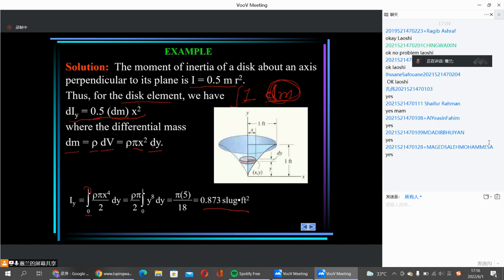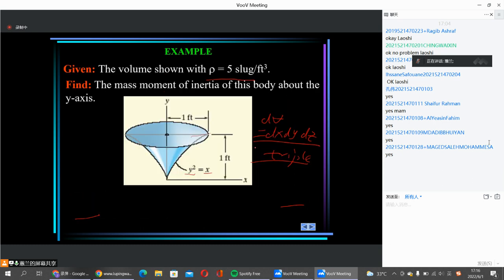Sometimes you can do it step by step, because for this disk we have calculated the mass moment of inertia about the y-axis, right? Just from this example.